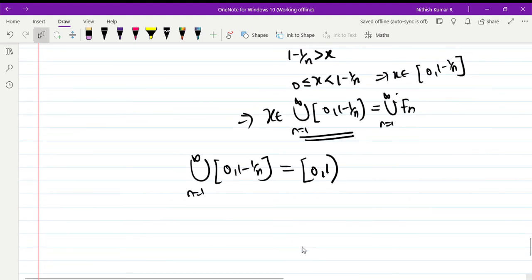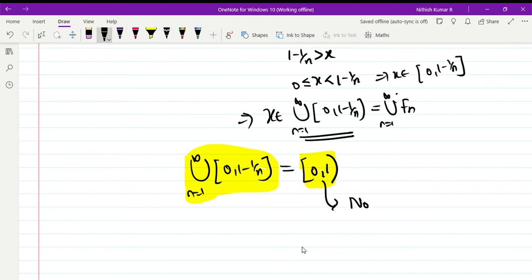Now observe, we have this countable union of closed sets, and it says this is equal to the half open interval [0, 1). Now observe, this set is clearly not closed.